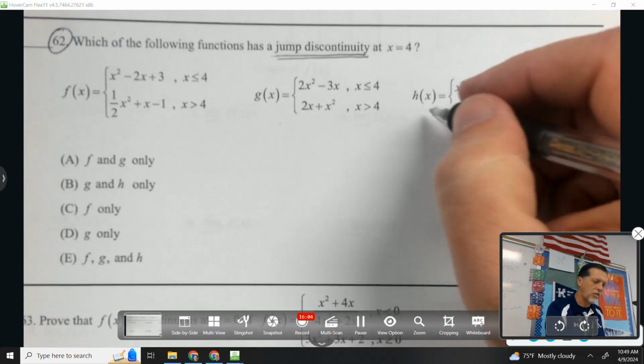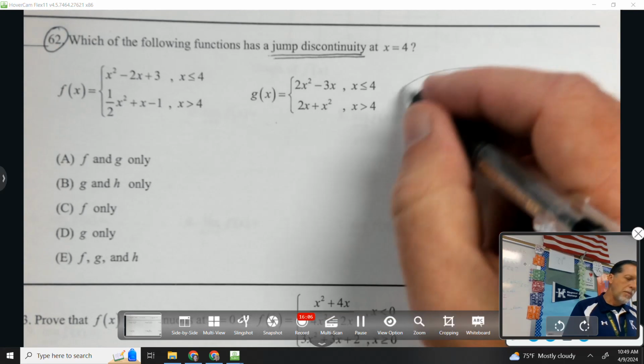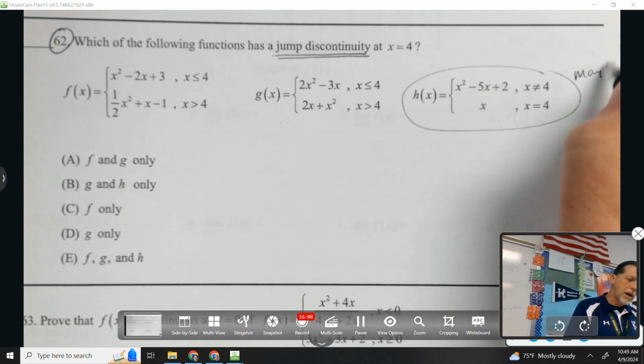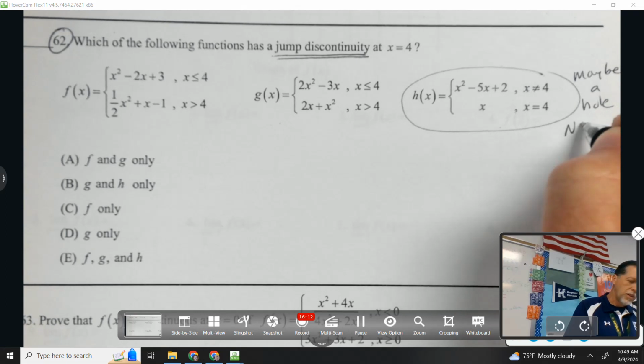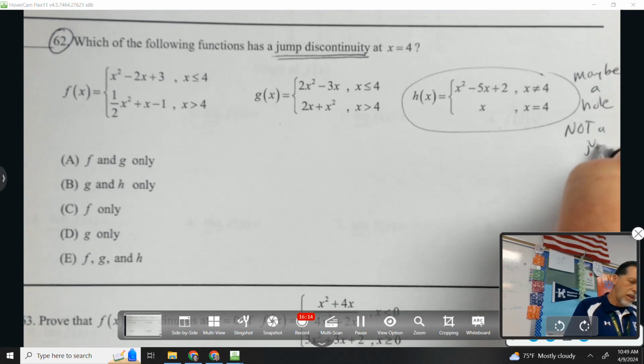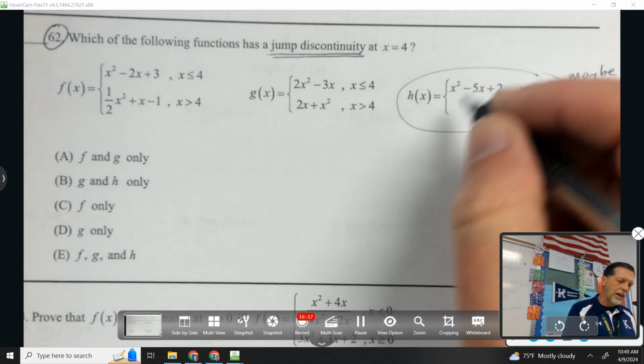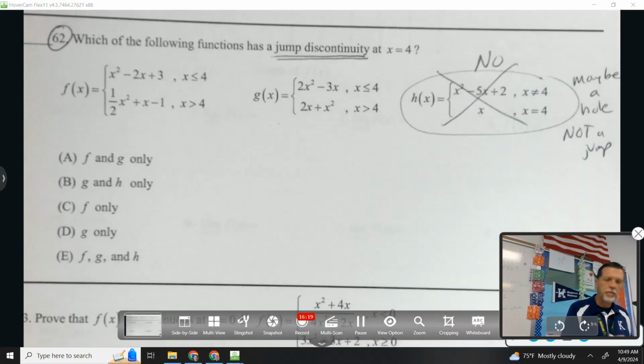Why not H? It might be a hole. Might not be, but it may be a hole. But definitely not a jump. So I don't even need to try that one. That's a no. Because it might be discontinuous, but it's only a hole.